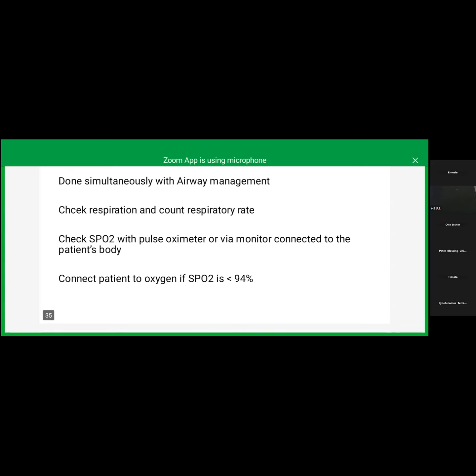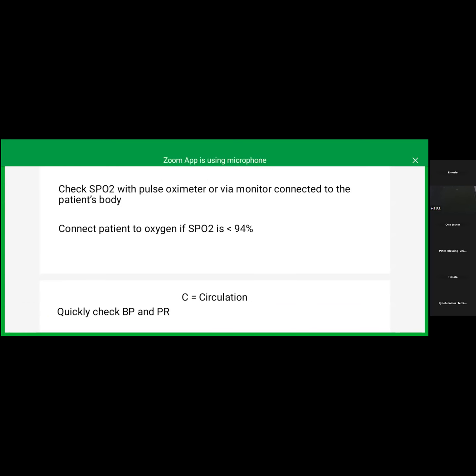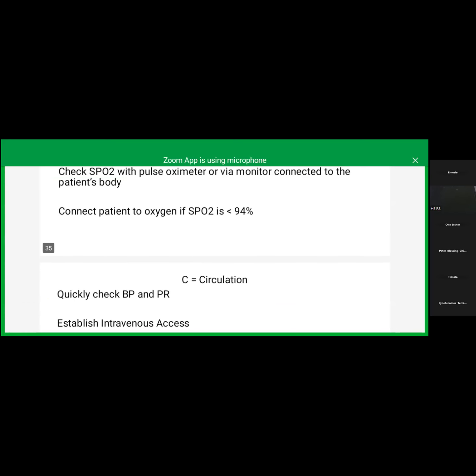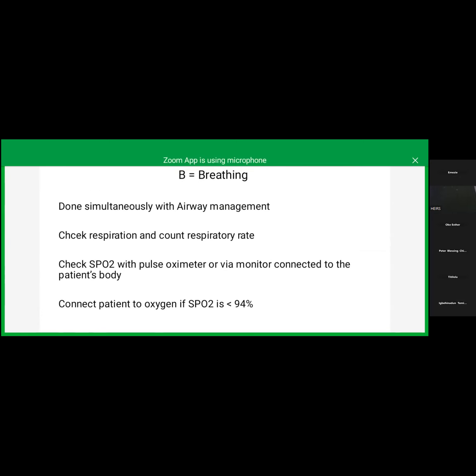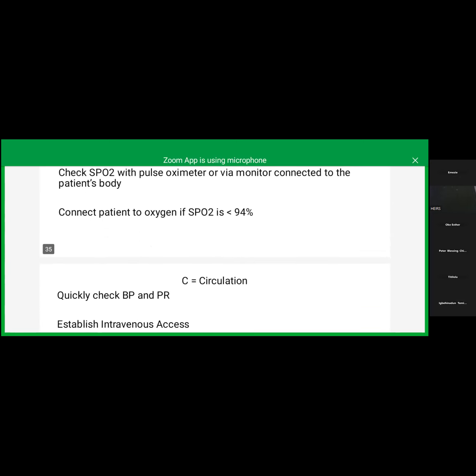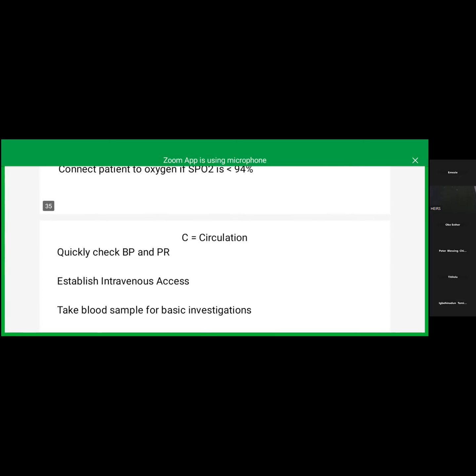So that is actually what we do for breathing. Nothing much. Check respiratory rate, put on the pulse oximeter, then connect to oxygen if we have not done that. But we usually do it simultaneously with airway management.